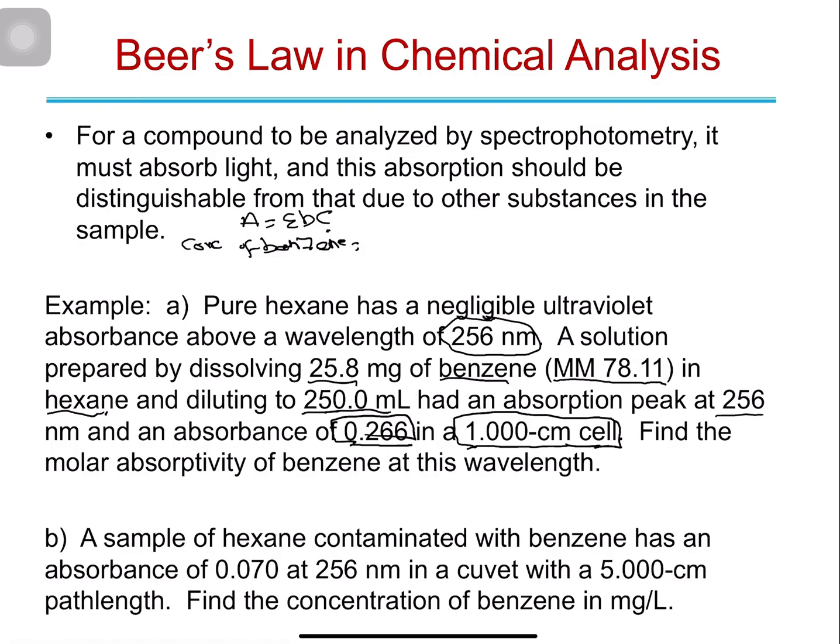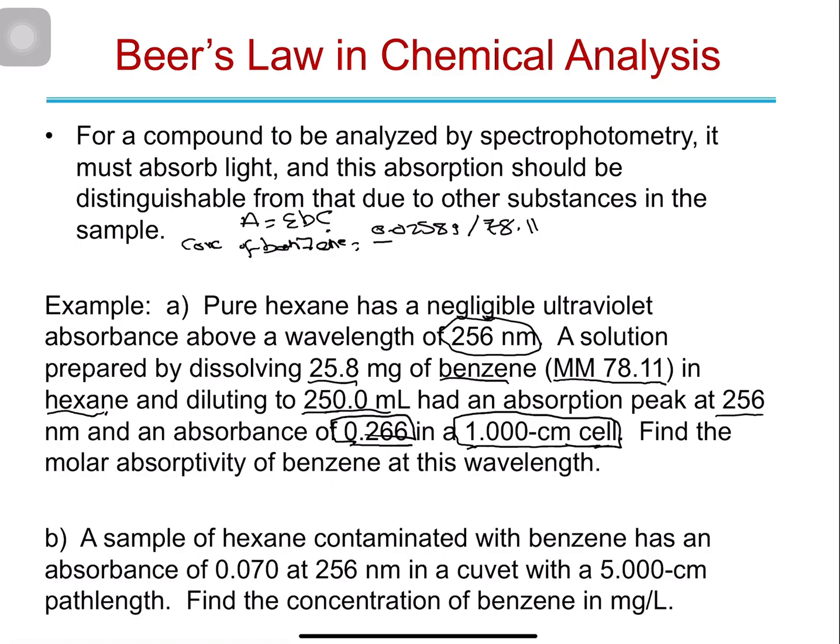So the molar concentration of benzene will equal the mass, which is 25.8 milligram, and we need to convert that into grams because we are calculating the molar concentration. So this is equal to 0.0258 gram. If we divide this by the molar mass, which equals 78.11, that will give us how many moles there are of benzene in the 250 ml.